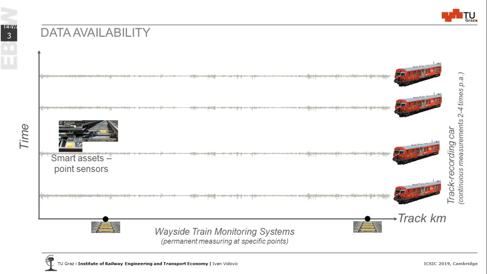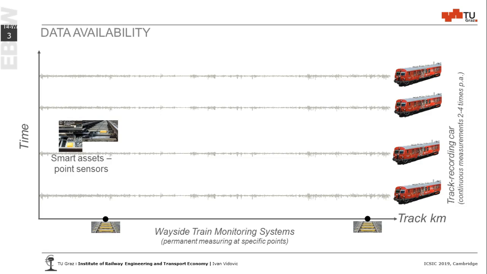And why should we use fiber optic sensing? Well, we have critical assets like turnouts, like some specific points on the track, like white spots, hollow sleepers, hanging sleepers, which we cannot measure with the track recording car or other things.